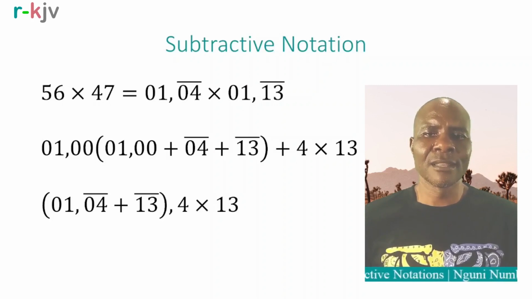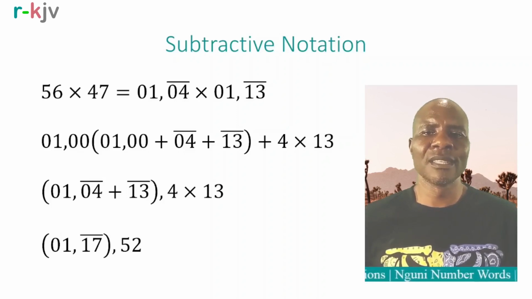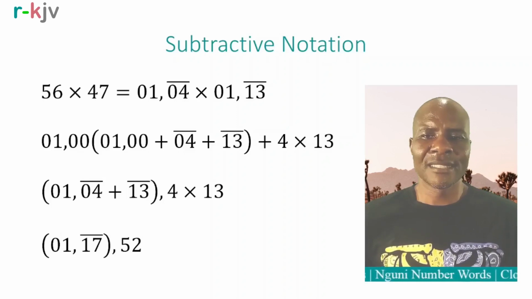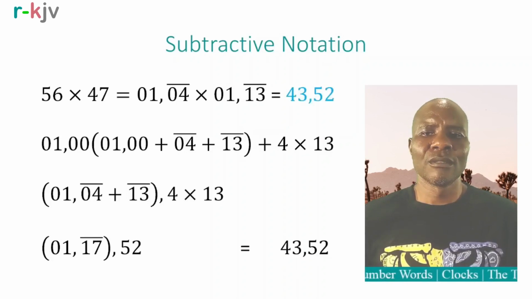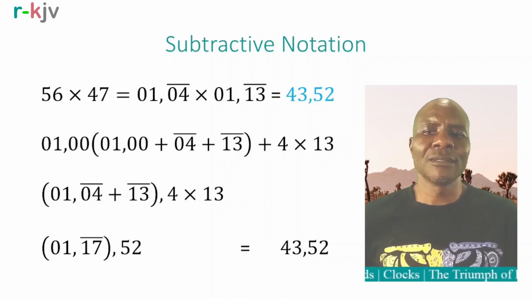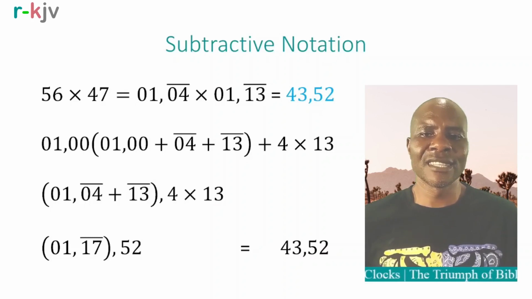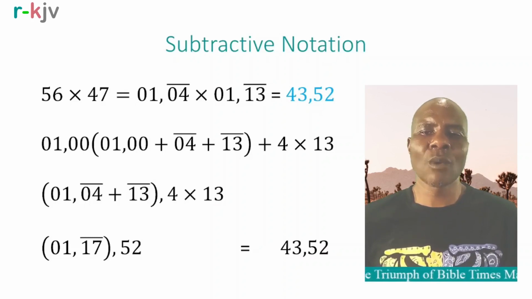This gives the bracket of the base less 17, positional separator, 52. Base less 17 is 43. The result is therefore 43, positional separator, 52. See how this last calculation has integrated mental arithmetic, subtractive notation, and algebra. It's quite compact.